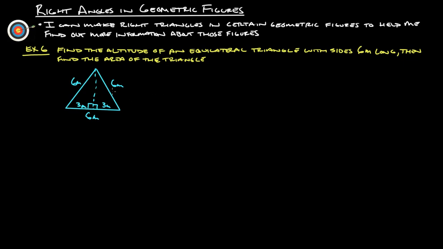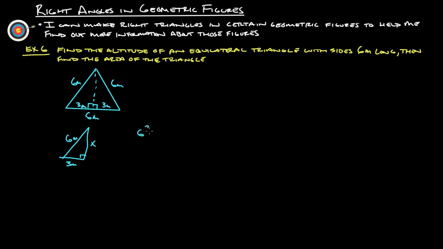Okay, so to find the altitude, again, if you look at just a part of this here, this is our 6, this is our 3, there's our right angle, there's our x. Sorry for the wonky side there, but the hypotenuse on this here is the 6.